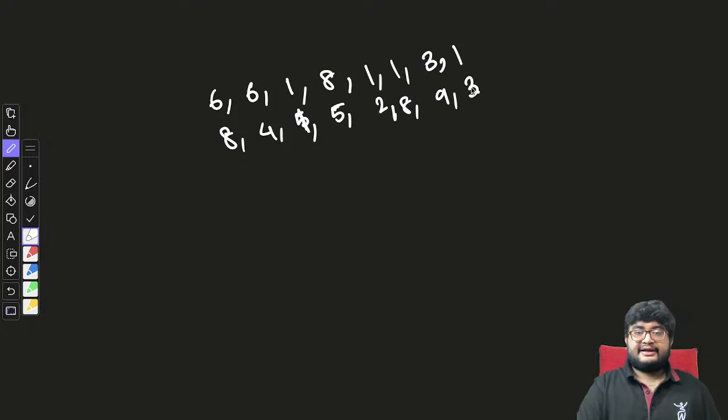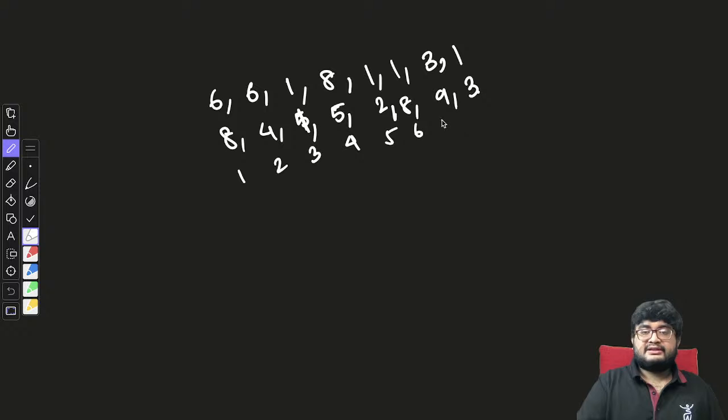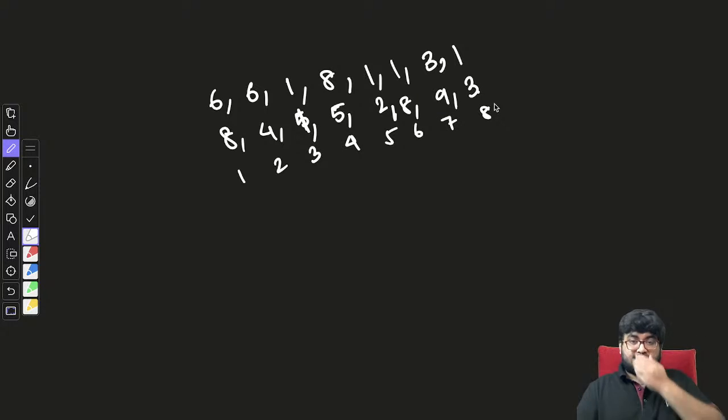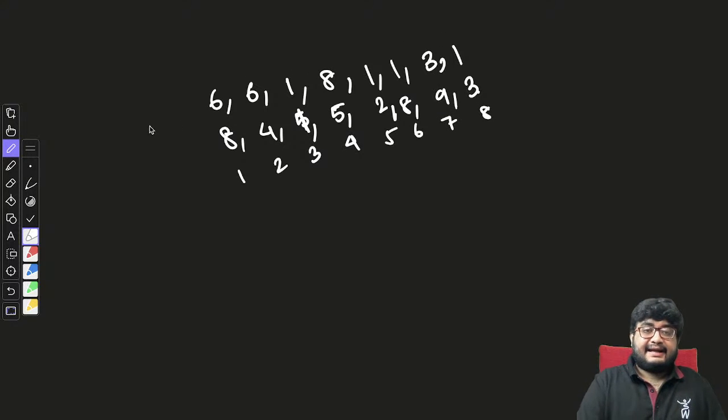I think I've written it correctly. Let me know. So let's write the indices. So the indices will be 1, 2, 3, 4, 5, 6, 7, 8. Okay. This is the array. This is the times array.